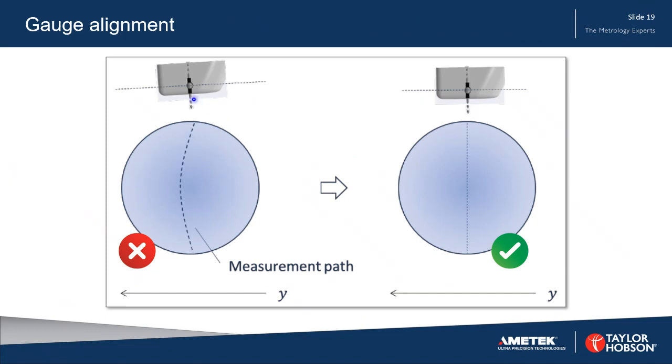And we're looking into the gauge. So there's the lower stylus tip, there's the upper stylus tip. And you can see that the whole gauge is tilted slightly anti-clockwise, counterclockwise. And clearly what that will do is that it won't describe the right path on the part.